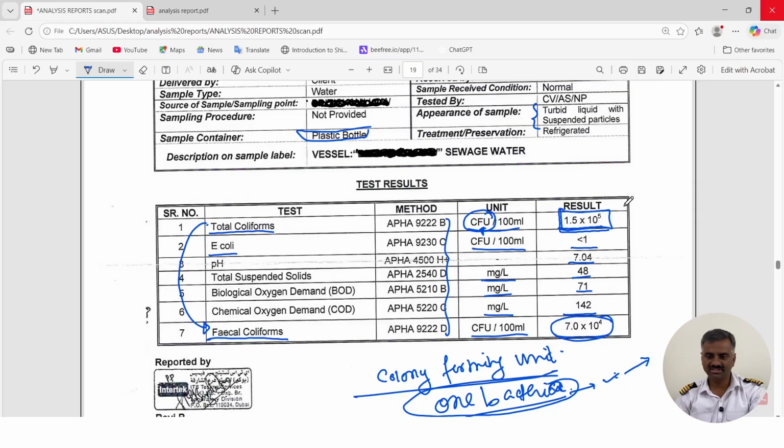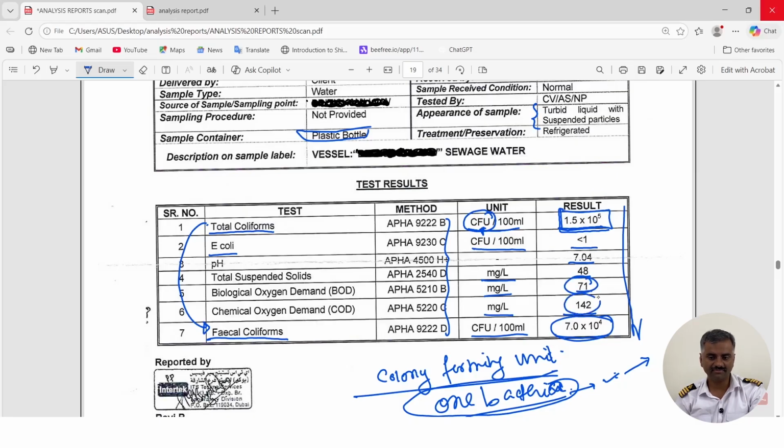As you can see, this is the result of the analysis report, where you can see the BOD level is 71, but let me remind you, as per the latest MEPC circular, the Marine Environment Protection Committee, which is the IMO committee for the MARPOL annexes and brings about changes in the MARPOL amendments, the new number for BOD should be less than 25 milligram per liter.